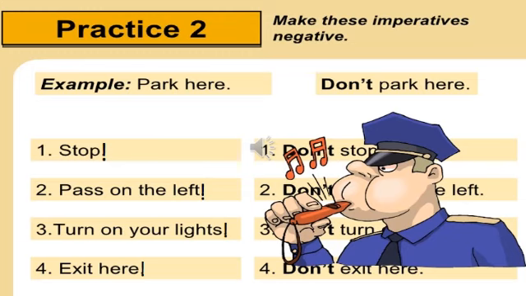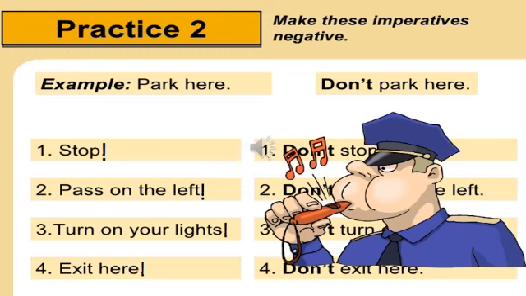Here we can see a traffic police, and he's going to tell us about the instructions in the street. The thing that I want you to do now is to make these imperatives negative. We have an example here. Park here. But in negative form, don't park here.